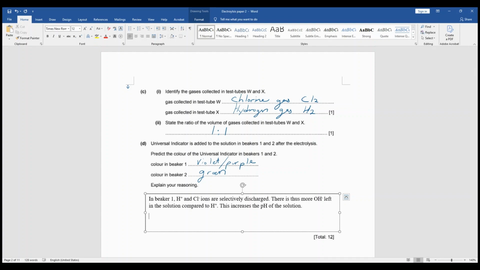Beaker 2. H plus and OH minus ions are selectively discharged.